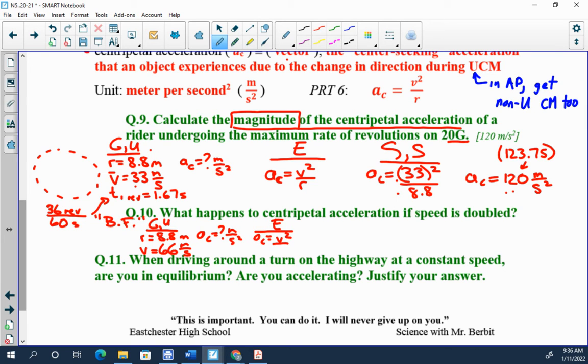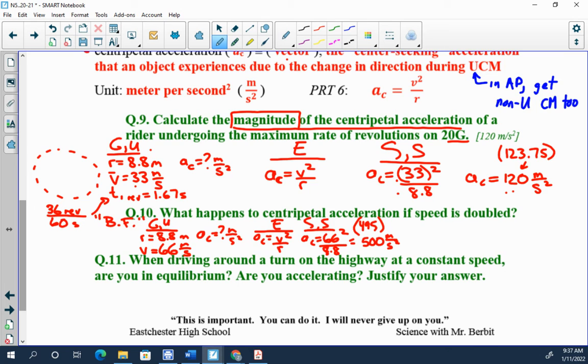AC is V squared over R. Substitute and solve. AC is 66 squared over 8.8. And no, this does not give you double the acceleration. If you do 66 squared divided by 8.8, you will get 495, or about 500 meters per second squared. Oh, fair bit different there.